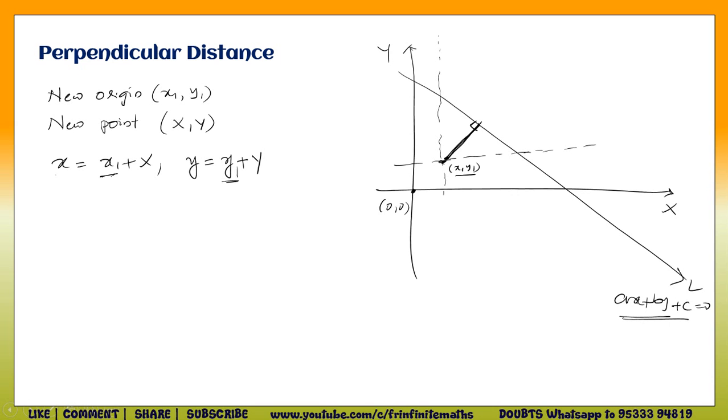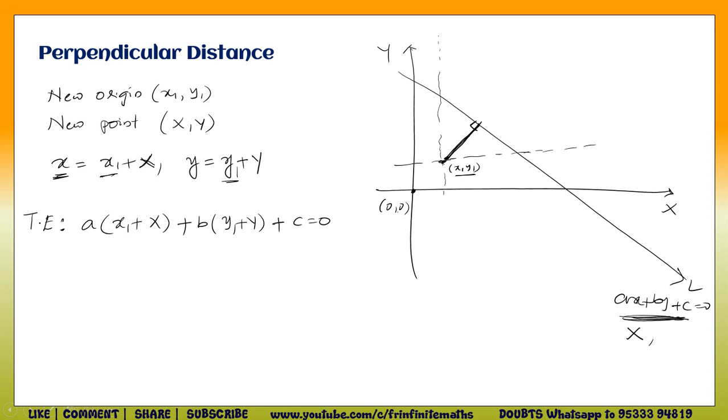Now when you have the original points in terms of the new points, I can get the transformed equation. The transformed equation is given by a times of, instead of the original x I write x1 plus capital X, plus b times of y1 plus capital Y, plus c is equal to 0. Since I shifted the origin from 0 comma 0 to x1 comma y1, this line will be in translated terms.